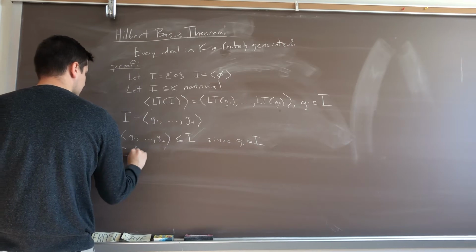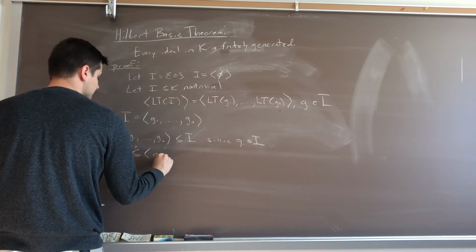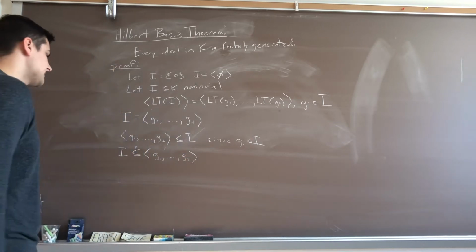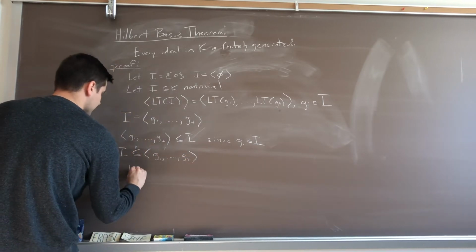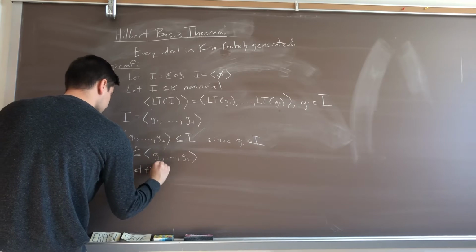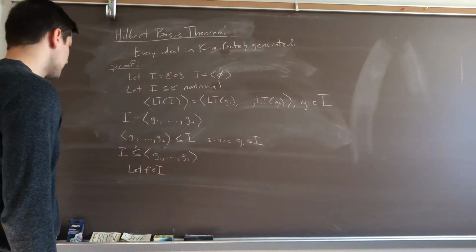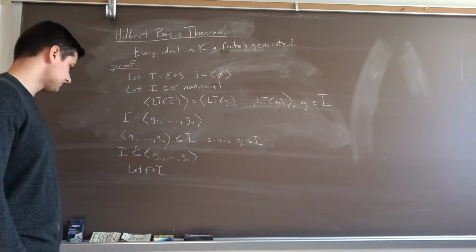So if we want to show that I is contained in the ideal generated by g1 to gt, then we're going to take an arbitrary f in I, and we're going to apply the division algorithm by every element of this set.